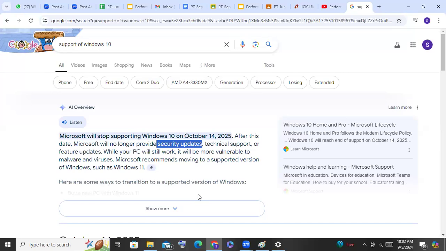We hear every day that there are hackers trying to get into your computer and steal your information, your banking account information, and everything. At an operating system level, Microsoft tries to provide you security updates. But after October 2025, Microsoft would stop providing those security updates.